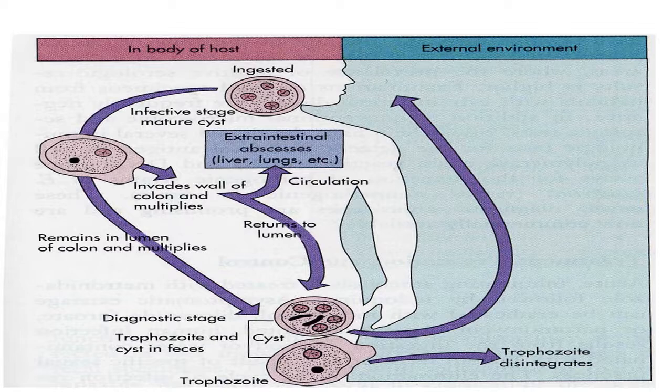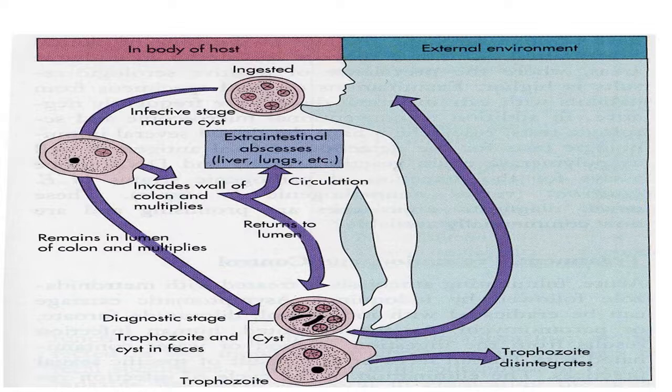In some conditions, the trophozoite stages penetrate the colon wall of the intestine and enter other parts of the body. We call this extra-intestinal amoebiasis.